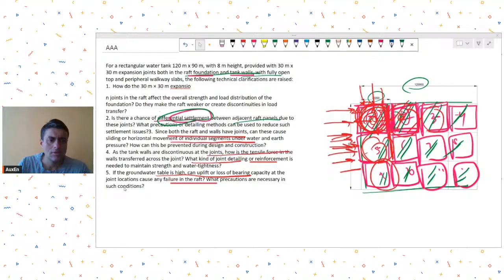Next question is from engineer Manish Parmar. He is a working professional from Dehradun. And what is his doubt?